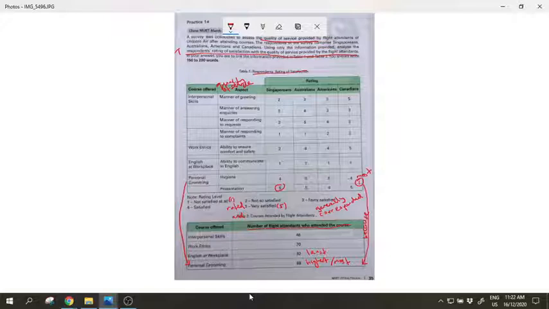Or you can put here respondents rated hygiene and presentation with the most number of satisfied and very satisfied ratings. Again, I repeat, respondents rated.